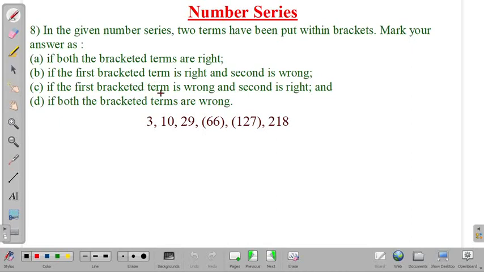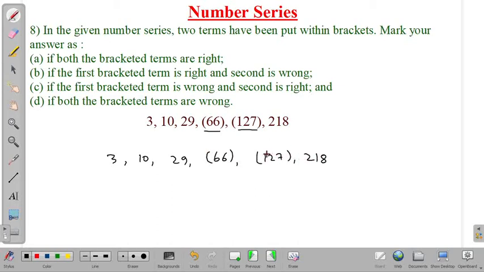See, in this problem, some terms are given and two terms are within the bracket. So here 66 and 127, these two terms are within the bracket: 3, 10, 29, 66, 127 and 218.